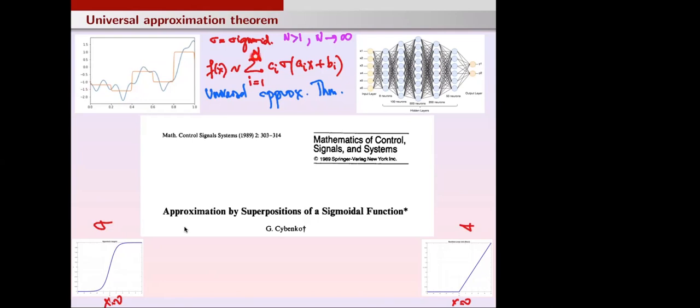So it's clear that I need n to be large. I need all possibilities to translate this function. I need all these possibilities to scale the variable x. And then finally, I need the possibility of amplifying also the jump, the amplitude of the sigmoid, by multiplying it by a constant c, which is arbitrary. Why?